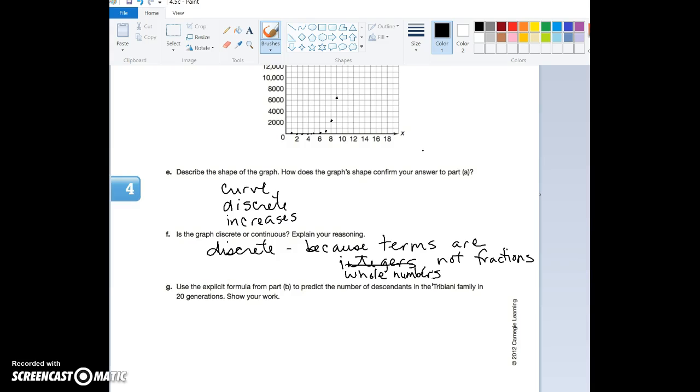Okay. So now we have to use that explicit formula to predict the number of descendants in the Tribbiani family in 20 generations. And we could do that, couldn't we?